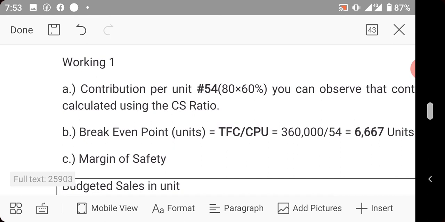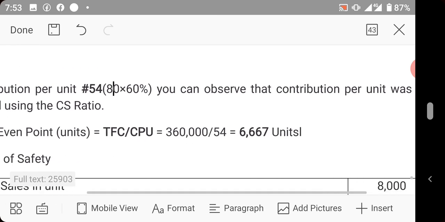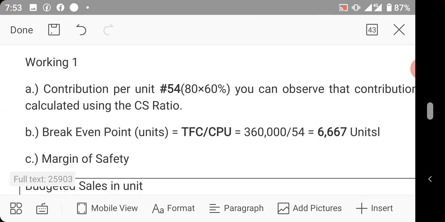So this is our contribution per unit. That is how you get your contribution per unit. Once you are given sales price and you are given contribution sales ratio, multiply that ratio against your sales, you now have your contribution per unit. So our contribution per unit is 54. You can observe that contribution per unit was calculated using the CS ratio.